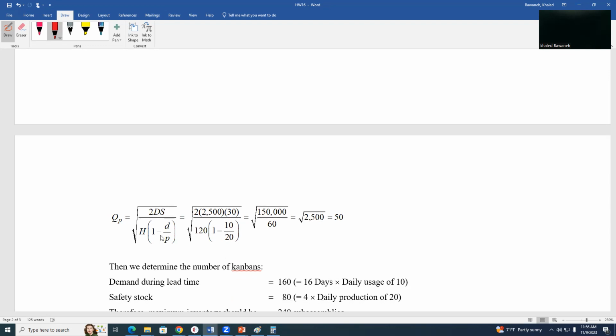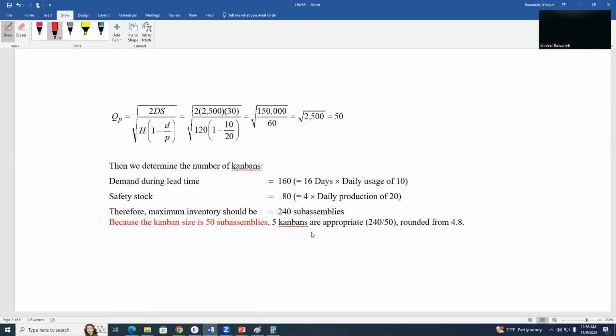So first we find Q, it's not given. Okay. Which is 50. And then you have the demand during lead time. So you have 16 days times 10. And the safety stock 4 times 20.